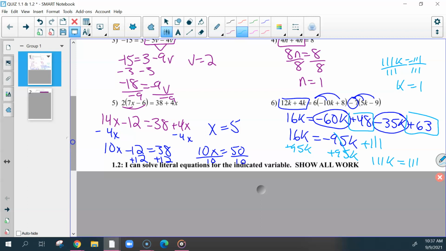For the most part, we did generally well in 1.1. 1.2, not so much. But we're going to go through it.